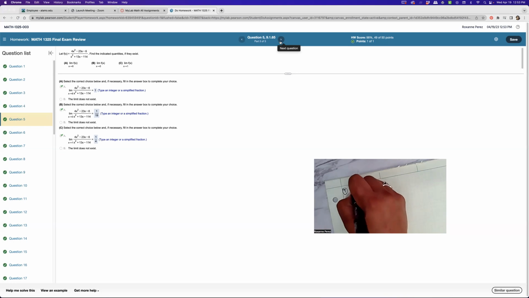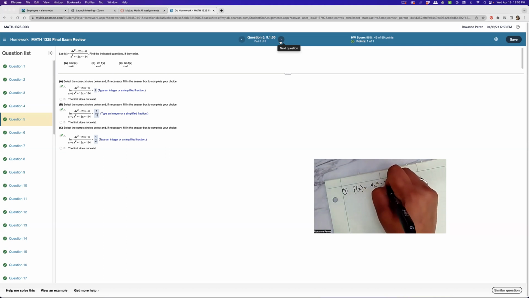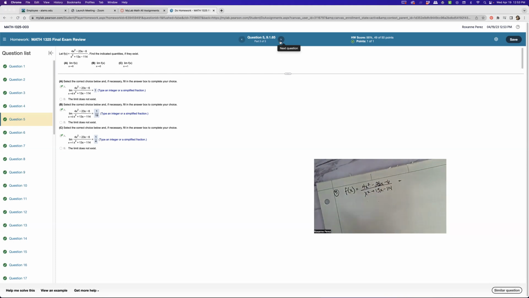We have the function f of x equals 4x squared minus 23x minus 6 over x squared plus 13x minus 114. So we're going to factor both the numerator and the denominator.